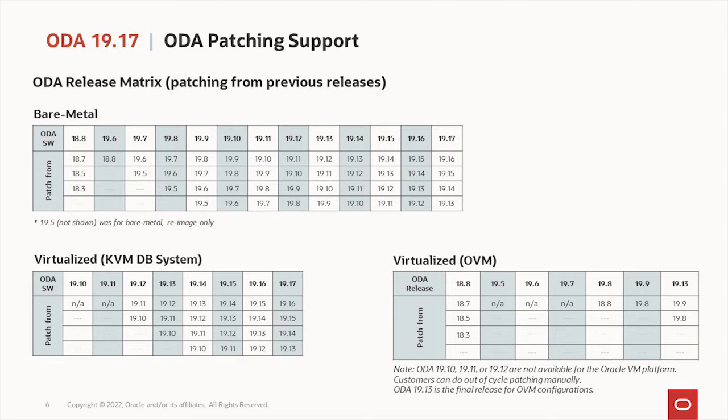Some customers who have a test system can go ahead and try it, and if everything works fine, they can just do that. But we always keep it to the last 4. We want you to be on one of the last 4, to be on the latest with all the security fixes, bug fixes, etc.